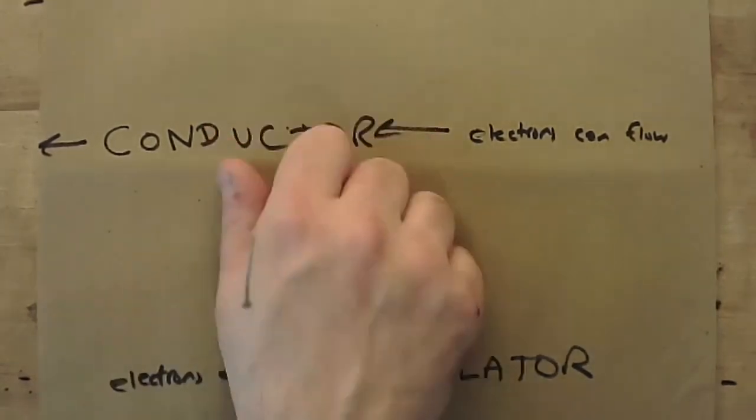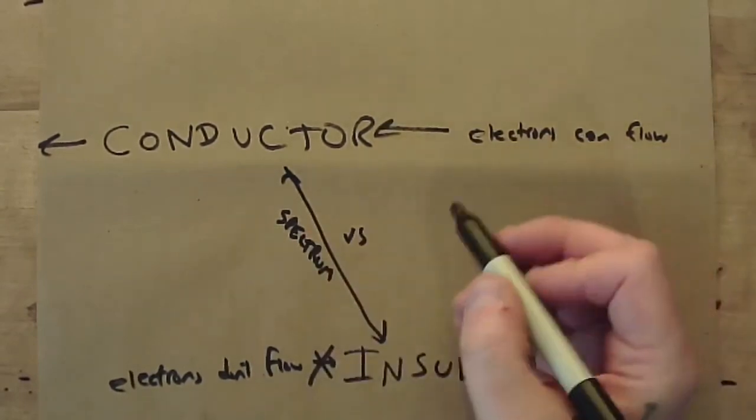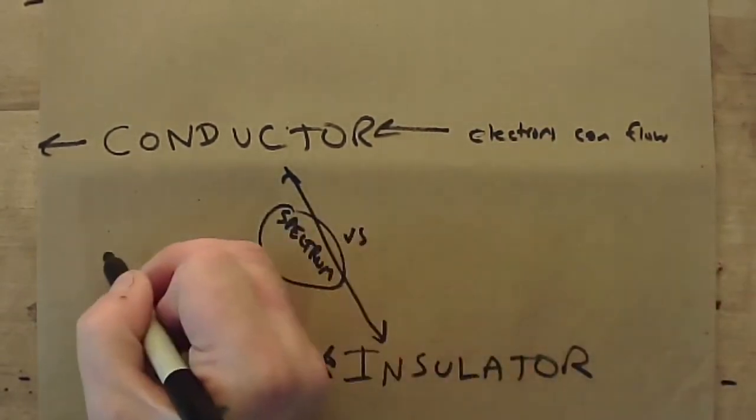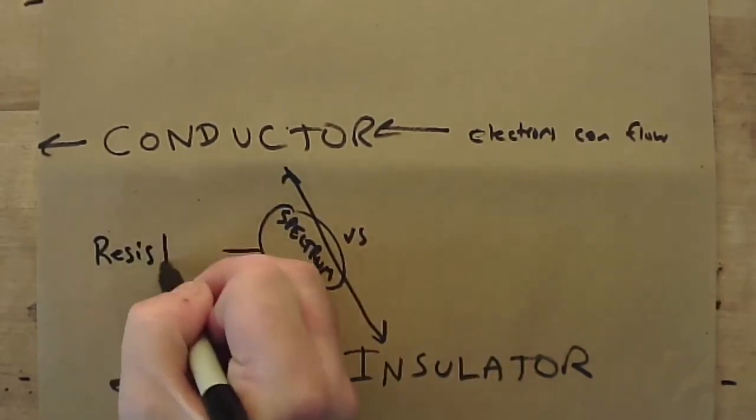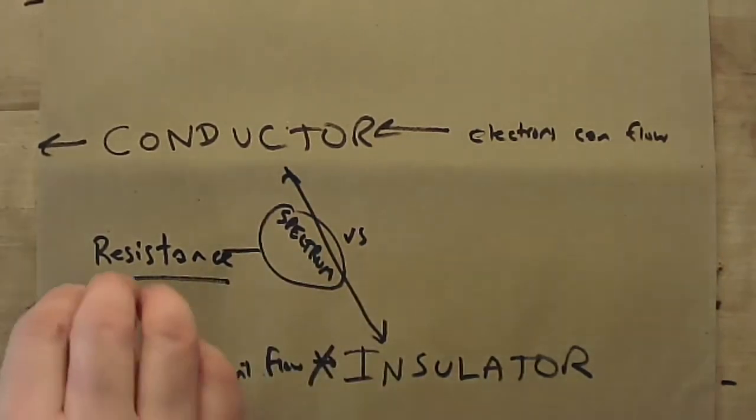And in this middle area, we have materials of varying resistance. And so what defines the spectrum is resistance. So now we need to talk about resistance.